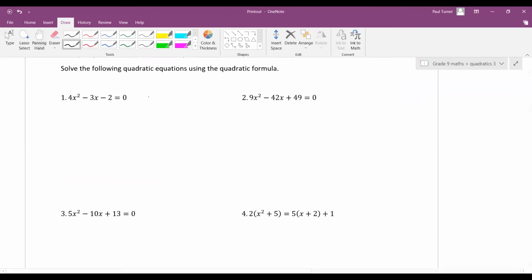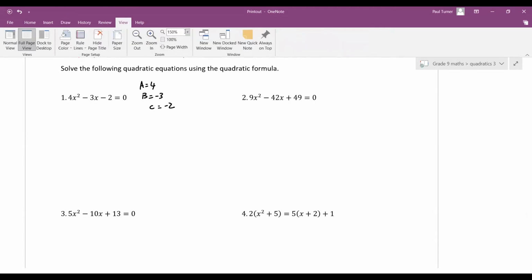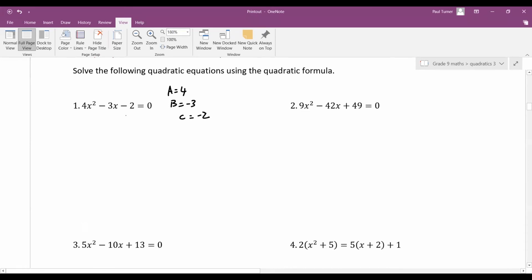But the first thing to do, write A is 4, B is -3, C is -2. Okay, so that's your first bit. Might make that a little larger. So write your formula each time.